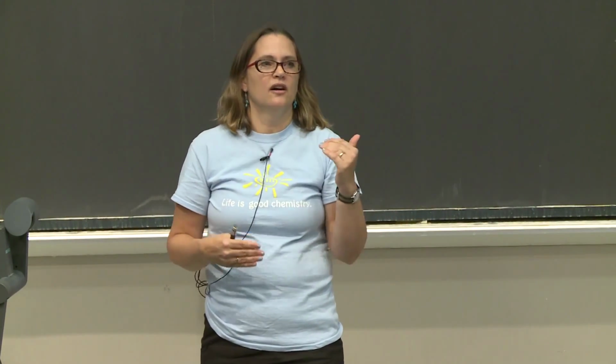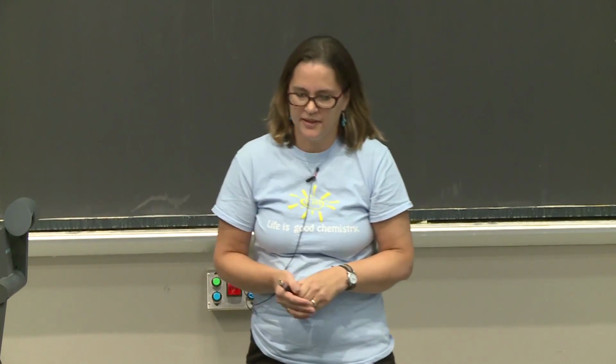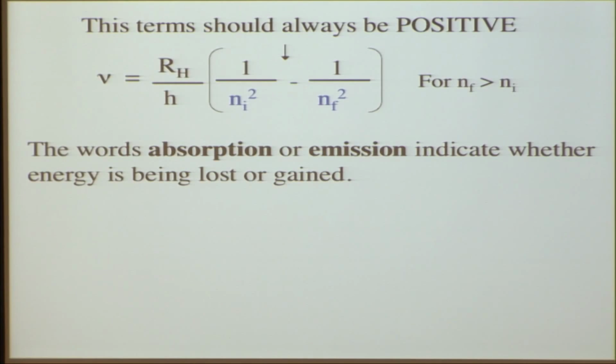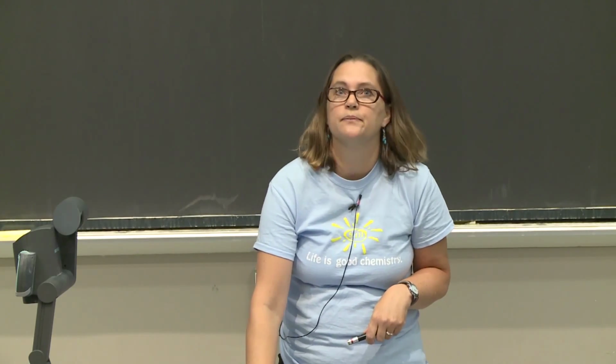You're not going to have negative frequencies in either case. You're absorbing light of a particular frequency or emitting light of a frequency. So pay attention to your equations and think about whether your answer makes sense. And again, all these equations are going to be provided to you in an equation sheet.